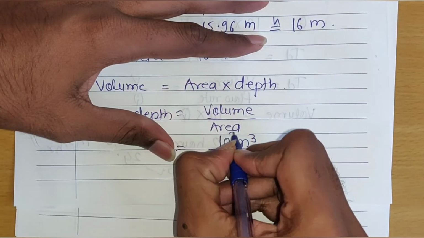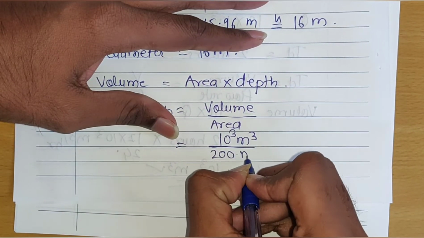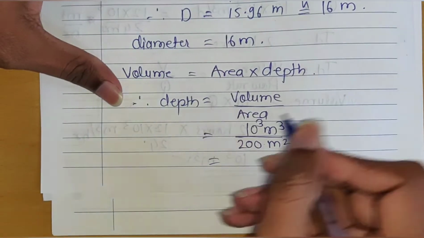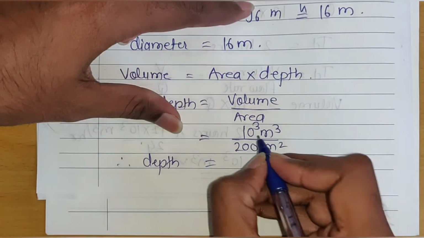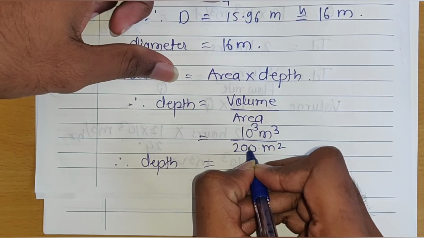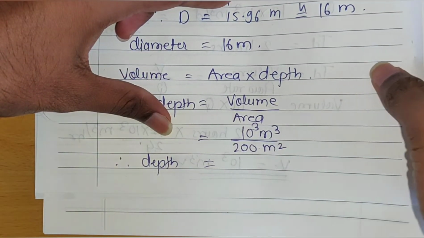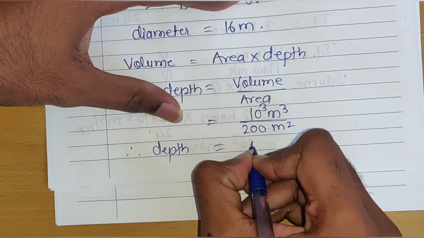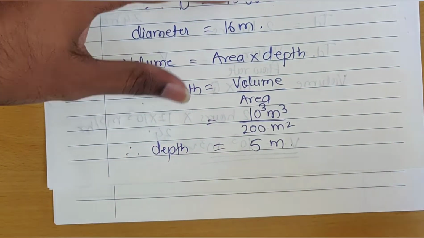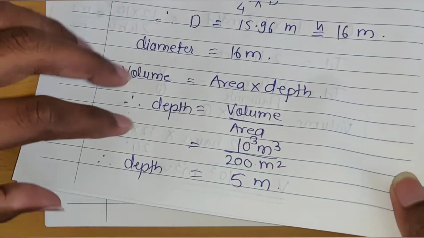Therefore, after solving this you will get the value of depth as 5 meter. This 5 meter is the depth of the water.